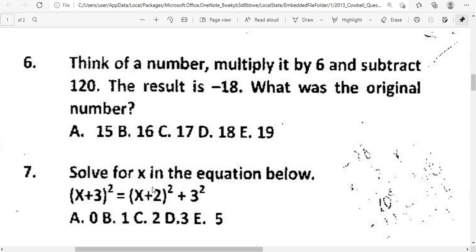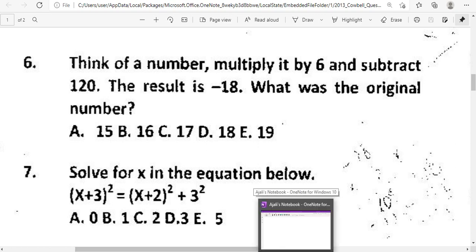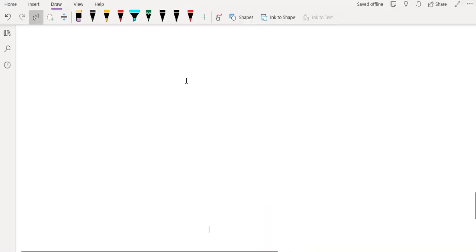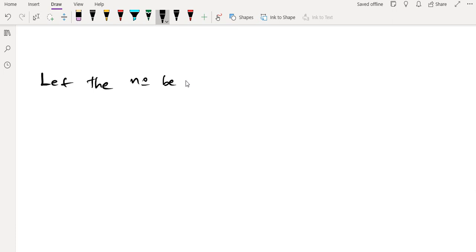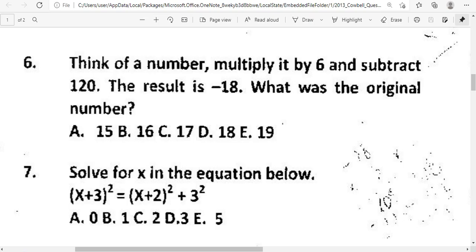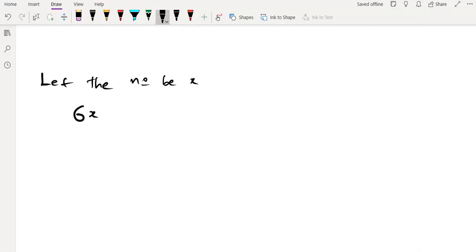Number 6, what's the answer? Think of a number, multiply it by 6 and subtract 120. The result is minus 18. What was the original number? Let the number be x. You think of the number x multiplied by 6, that's 6x. Then subtract 120. The result is minus 18.